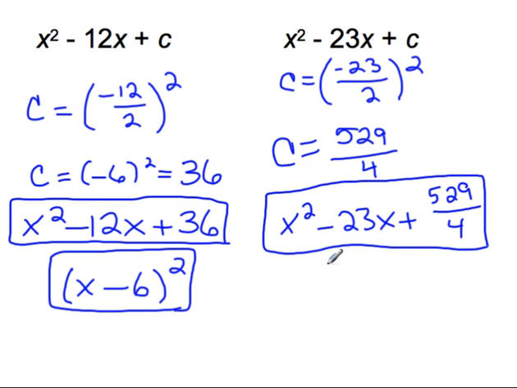Now when I write this as a binomial squared, I'm going to have x here, it's the square root of this, and it's the square root of this.